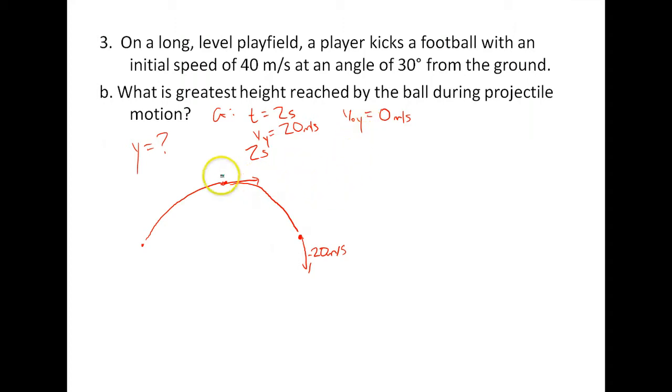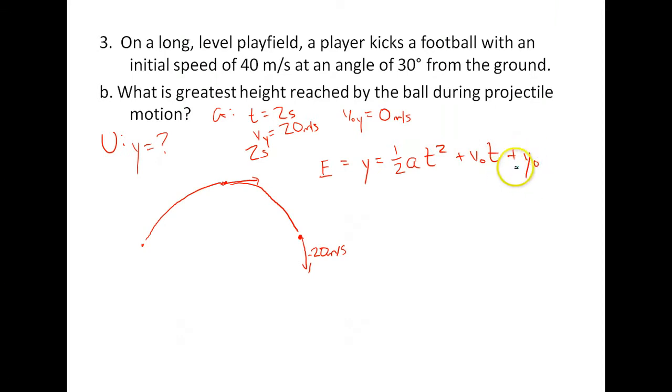So now we want to solve for our unknown. How high does this thing go, or how far does it fall, either way? Let's look at an equation for this. Let's do y equals 1/2 a t squared plus v naught t plus y naught.